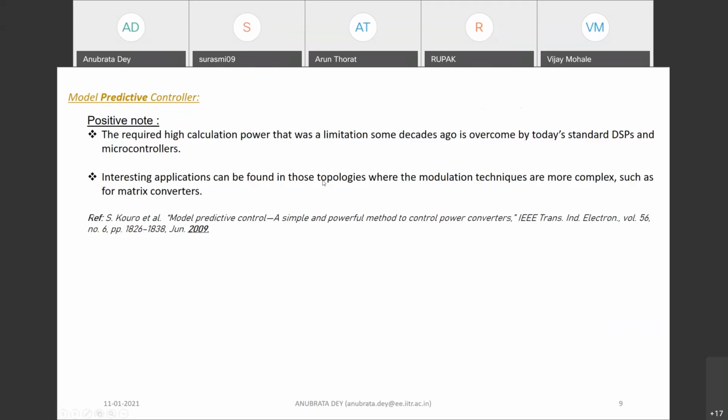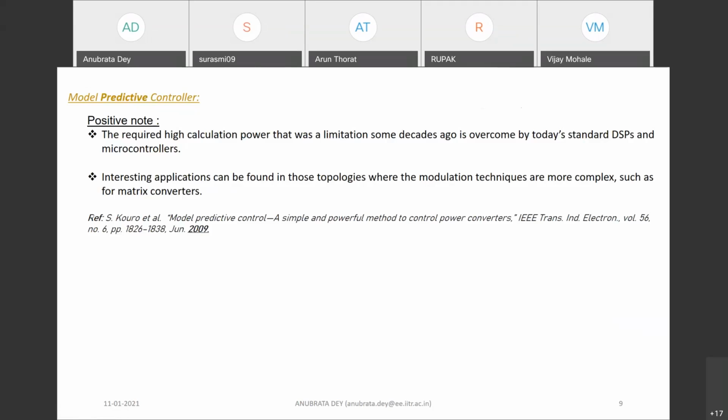Where there are many objectives, modulation techniques become complex, and in those scenarios you can find an objective function comprising many inputs, which will take care of many objectives and play a multi-purpose role.